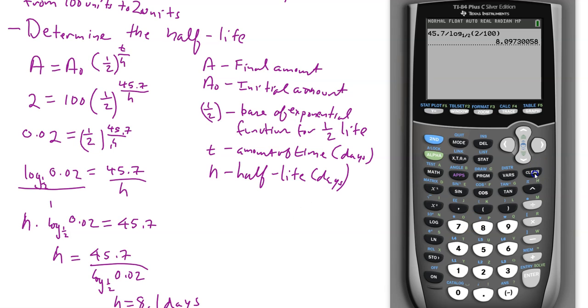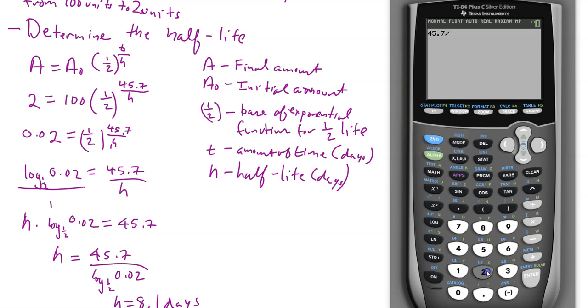Now, what if, old calculator, so you go 45.7 divided by, now I would throw a bracket down, and we're going to say it's the log of the value. So log, and again, I can just go 2 divided by 100, the log of the value divided by the log of the base.